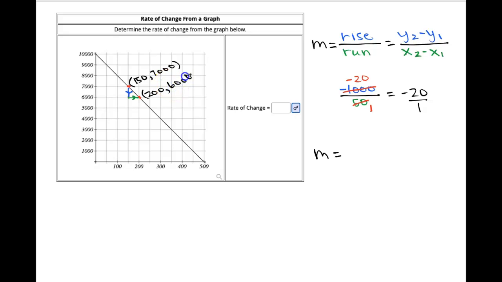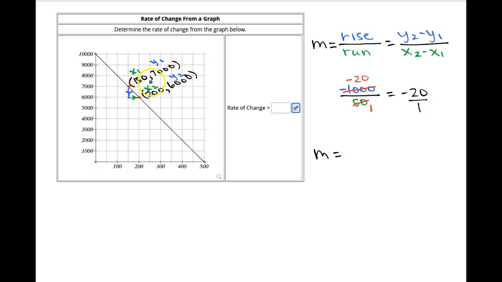Right, so those are my 2 points. And again, I can write these as the x1, y1, x2, y2, right? So my x's and my y's.